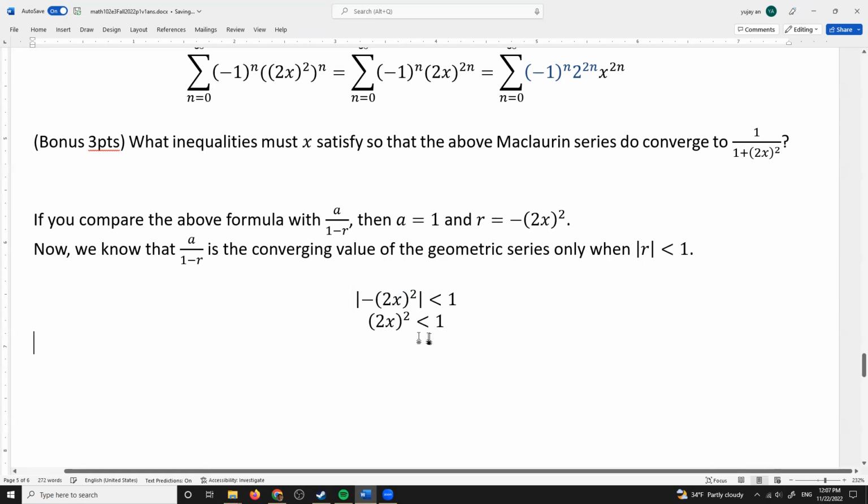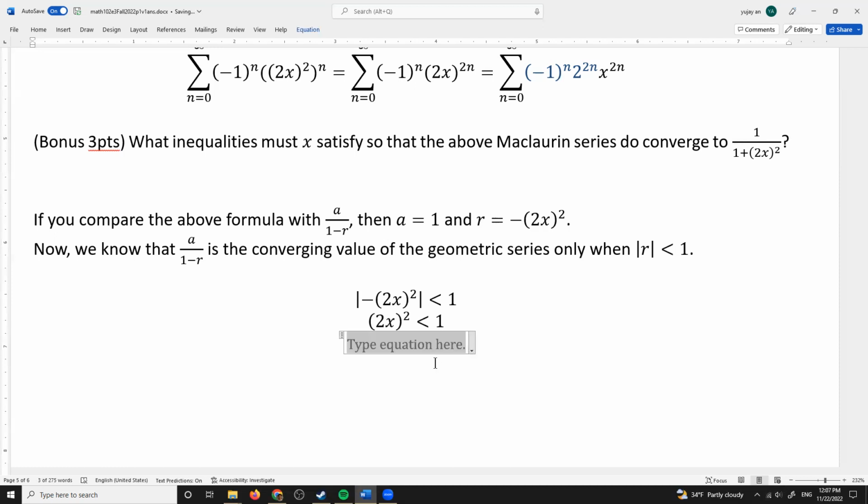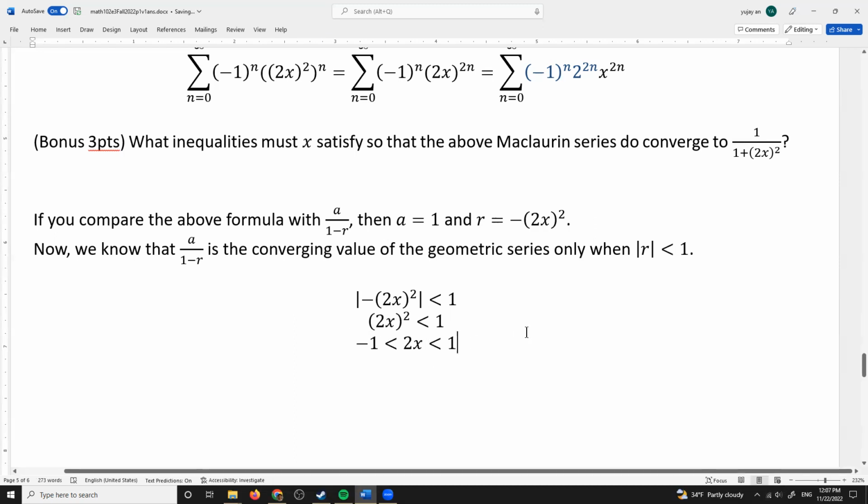And for this to be true, if 2x squared is less than 1, we know that 2x has to be between negative 1 and 1. Right? Because if 2x is greater than 1, of course, 2x squared will be greater than 1.